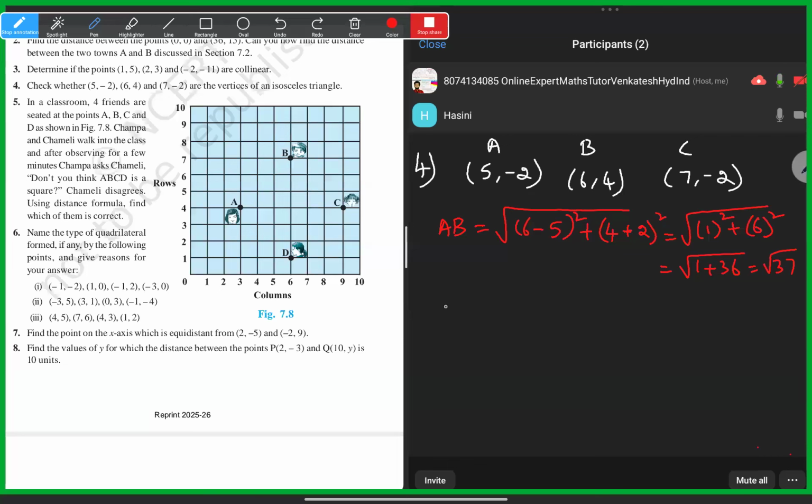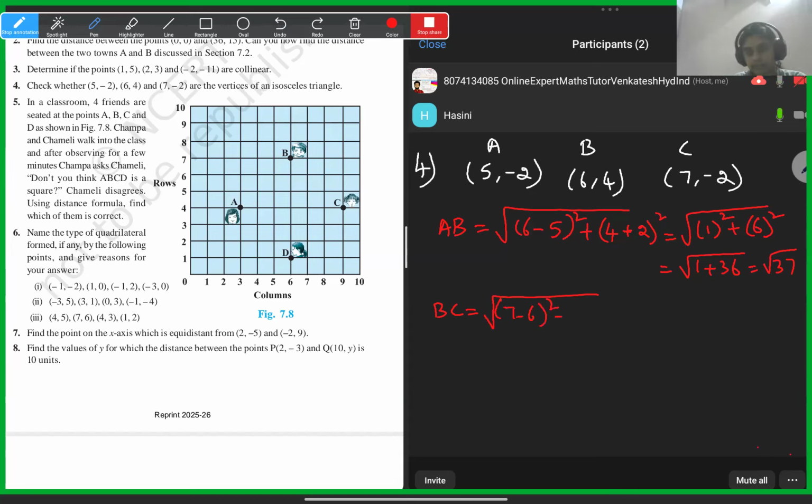Then BC. Can you tell the distance formula for B and C? Root of (7 minus 6) whole square plus (-2 minus 4) whole square.